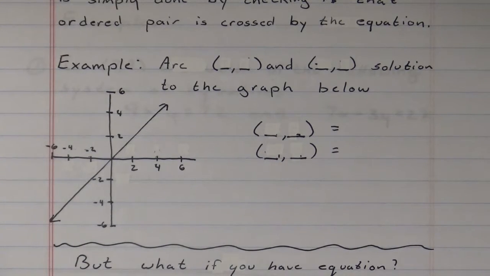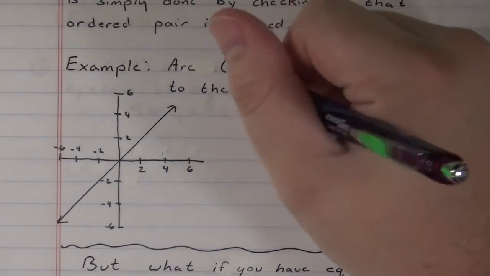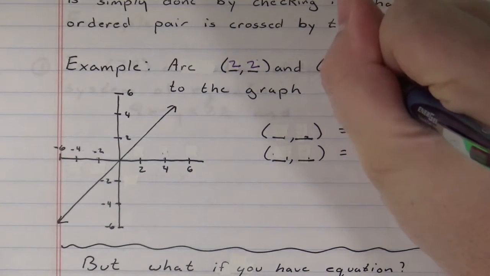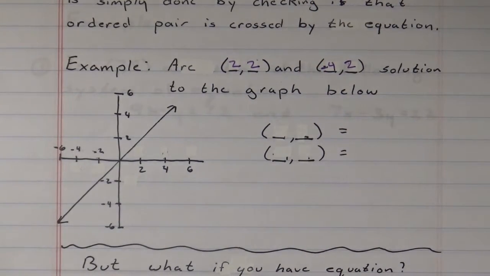Sometimes you may need to find if an ordered pair actually is a possible solution to an equation. Basically, really what you're asking is, does this point that I'm giving you fall on the line that you see in this graph? So let's go ahead and write straight to it. Are the points (2, 2) and (negative 4, 2) solutions to the graph below?